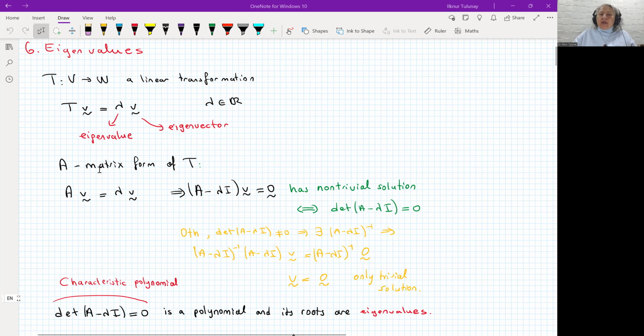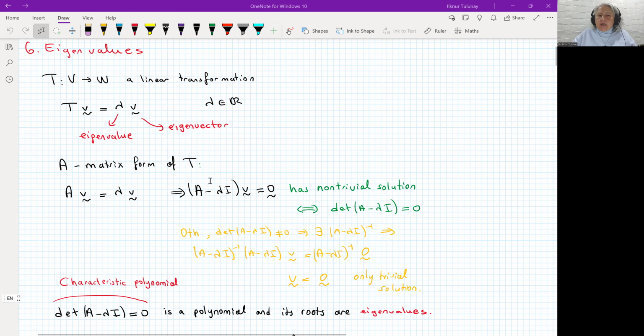Okay, if A is a matrix form of the linear transformation T, we can replace these equations with the matrix form of this linear transformation. Because of the matrices, this lambda times V is equivalent to the multiplication of lambda times the identity matrix times V. And then we are taking this on the other side, we would have A minus lambda I times the vector is equal to 0 vector, right?